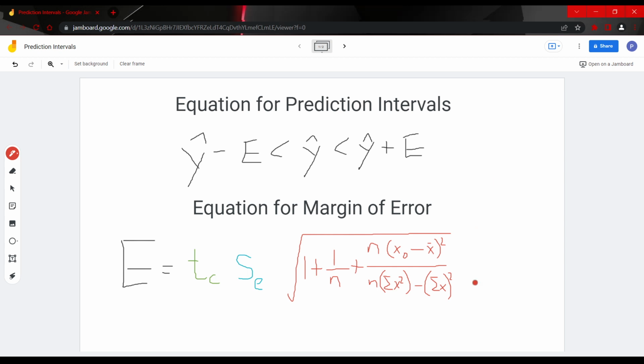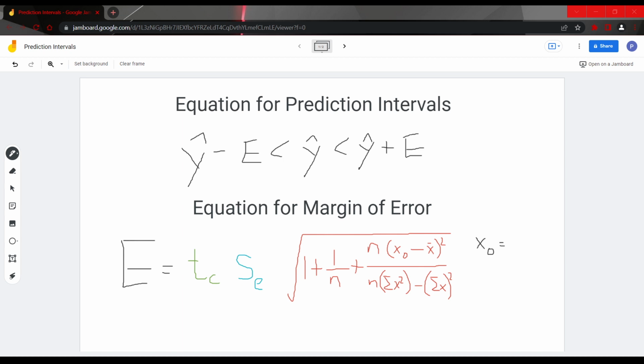The top part, we have a new variable x0. Let me use a different color for this. Let's just go with black. x0 is the independent variable value that we are trying to predict.